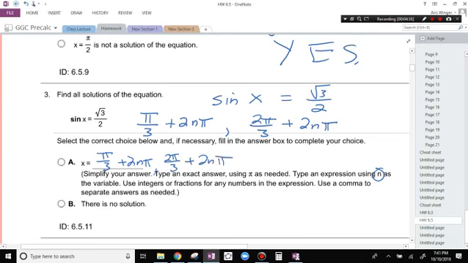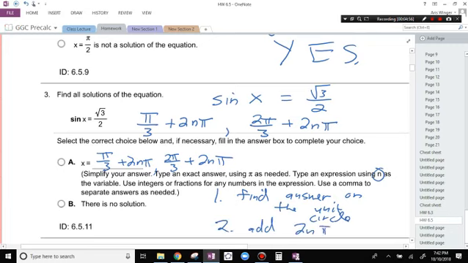And so the steps to this are: find the answers on the unit circle, and then add 2n pi to both.